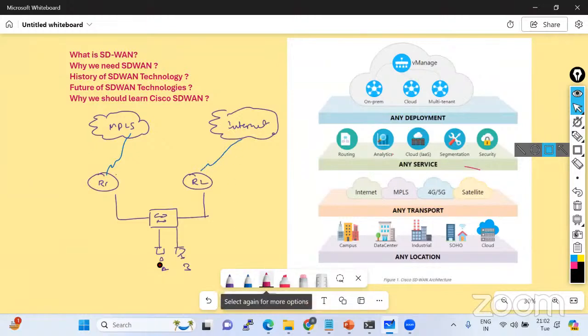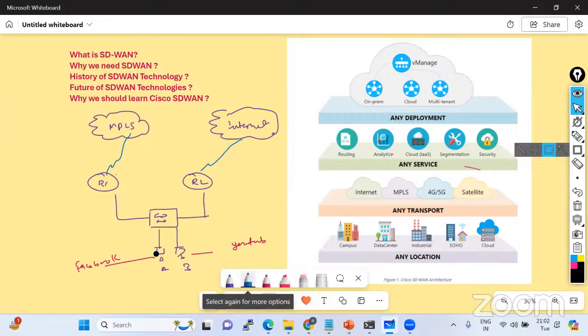Now, say this user wants to access Facebook, and this user wants to access Instagram. Let me use something different, maybe YouTube. Okay, YouTube.